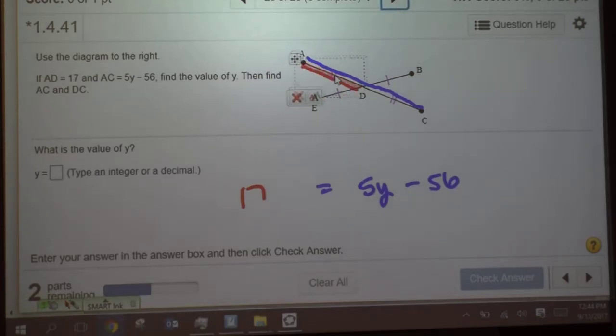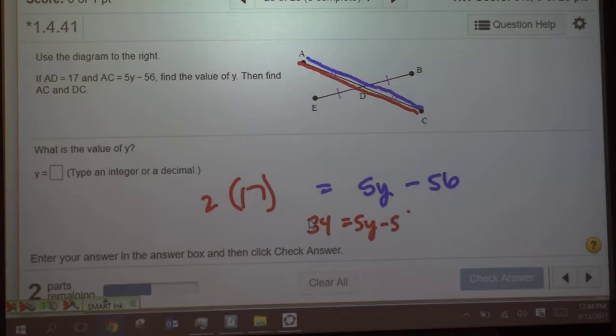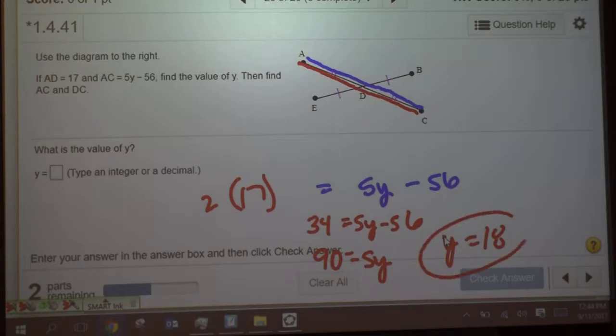This distance here is the exact same as that one, so if I double that one, now the red segment and the blue segment are the same thing. So I double the 17, which gives me 34 equals 5y minus 56. Add 56 to both sides, so 90 is equal to 5y. Y then has to be 18.